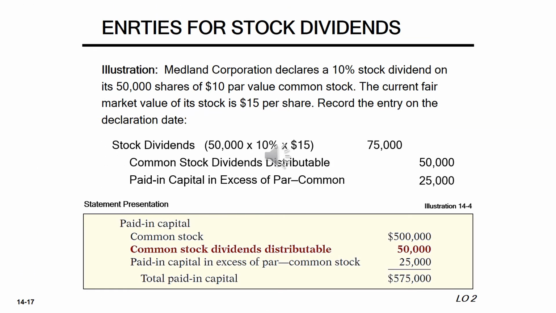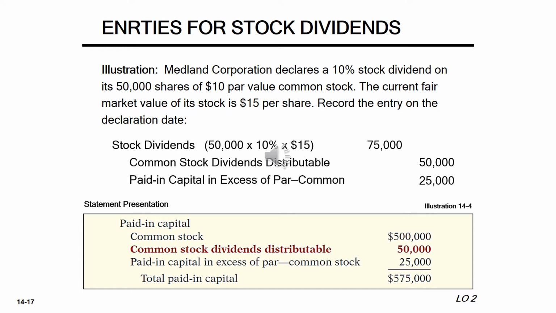Now let's see how we record a stock dividend issue. This illustration says Midland Corporation declares a 10% stock dividend on its 50,000 shares of $10 par value common stock. The current fair market value of its stock is $15 per share. Record the entry on the declaration date. The entry is going to look like the following.